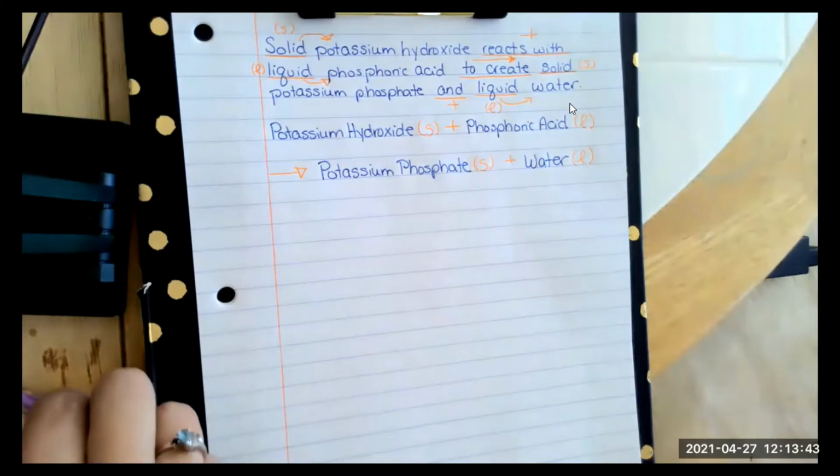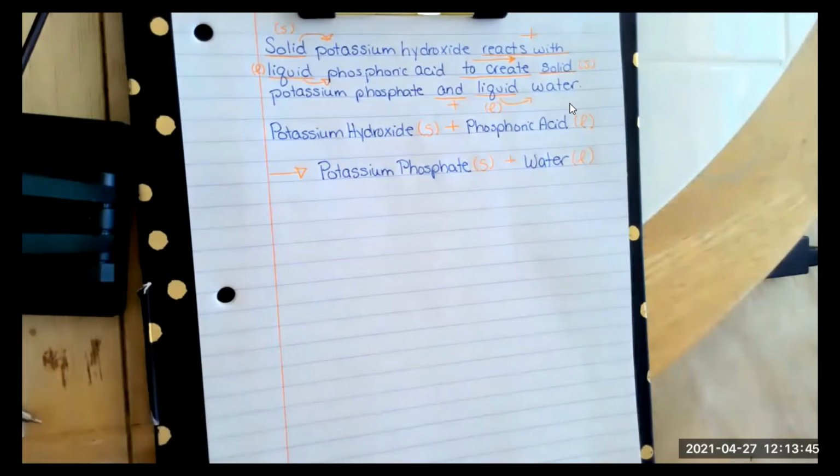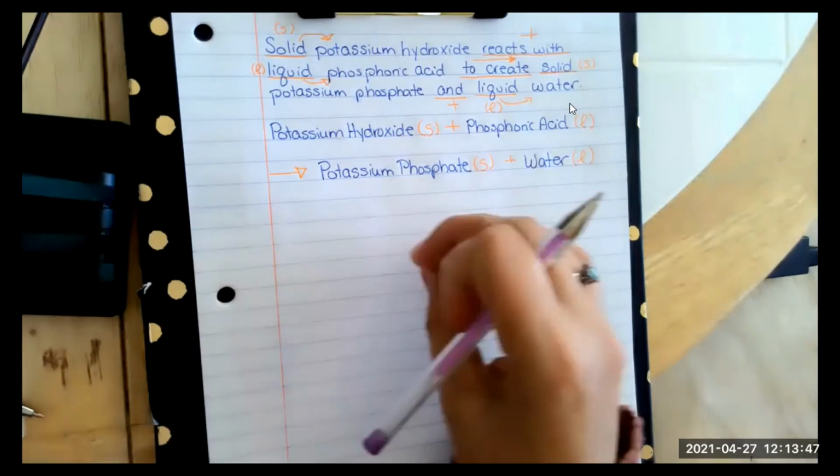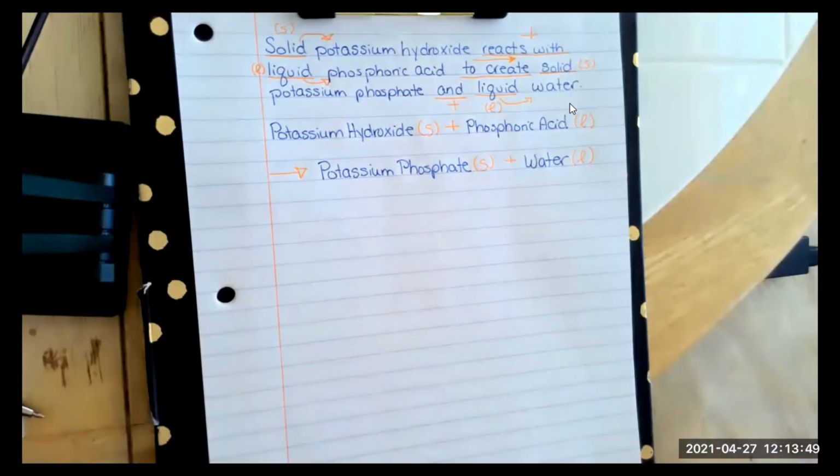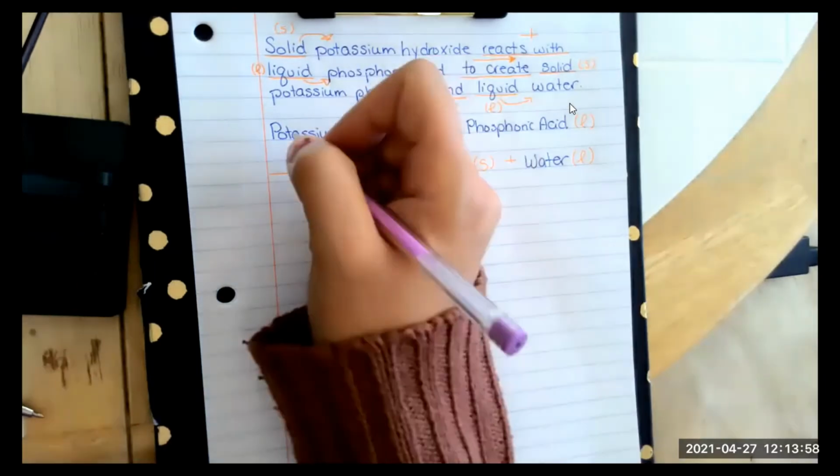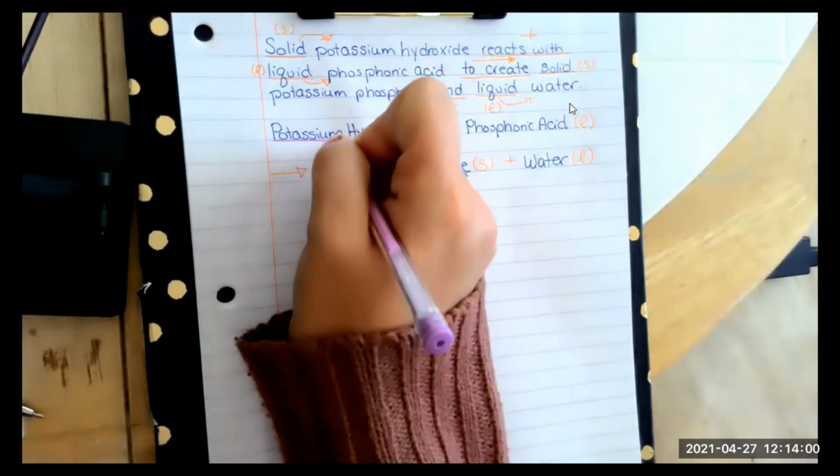So I'm going to start outlining this. Remember, our skeleton equation has balanced compounds. So we are going to be balancing our compounds with subscripts, but it is not a balanced equation, so we will not be putting coefficients. So potassium is the purple color.